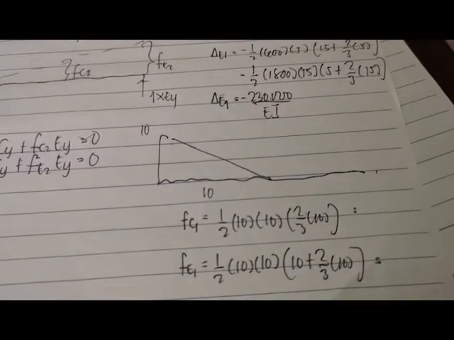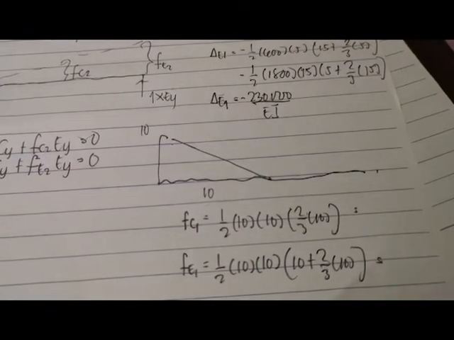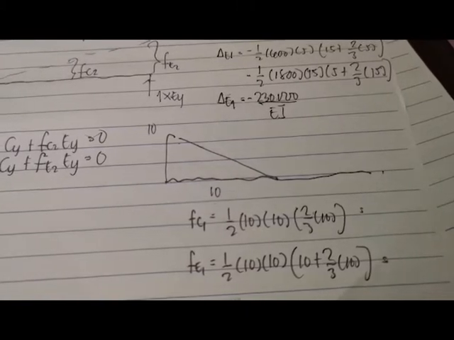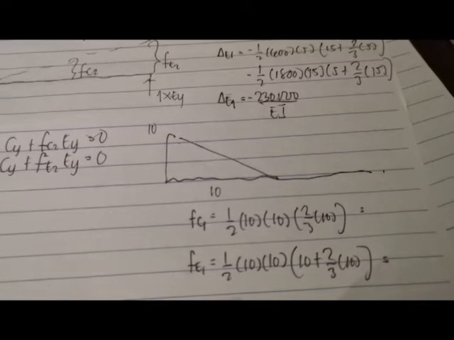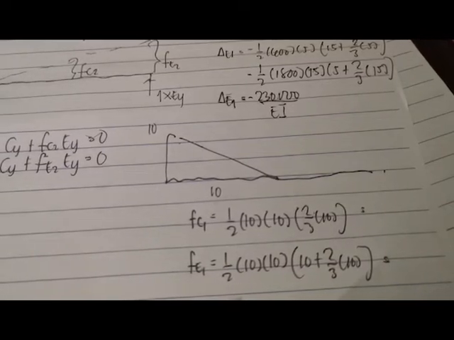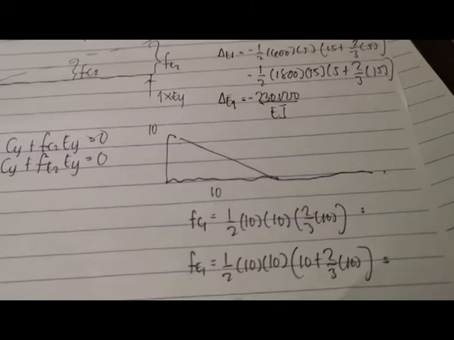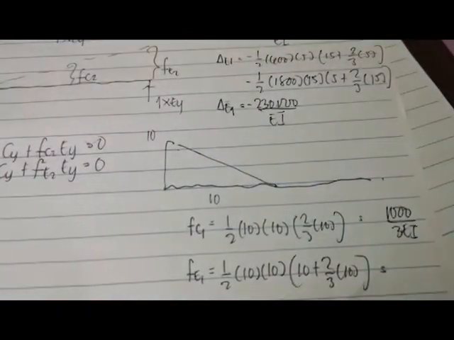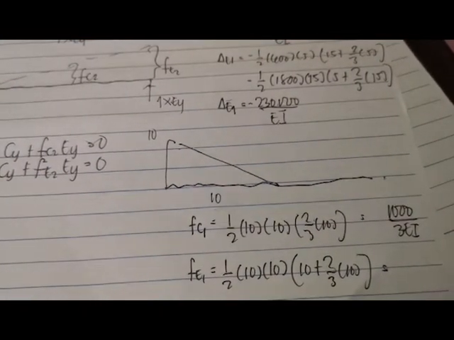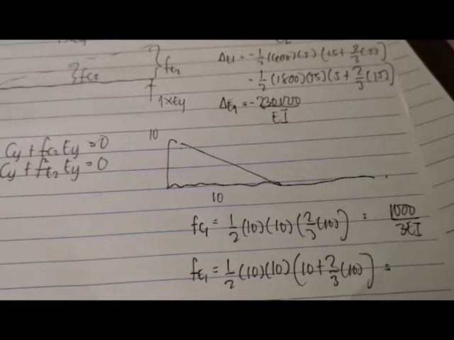Okay, let's just use this one. 1/2 times 10 times 10 times 2/3 of 10. This is equal to 1,000 over 3 EI. Okay, and then plus 10. This is equal to 2,500 over 3 EI.